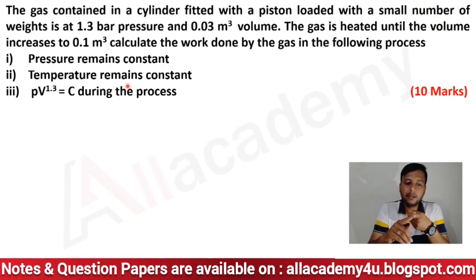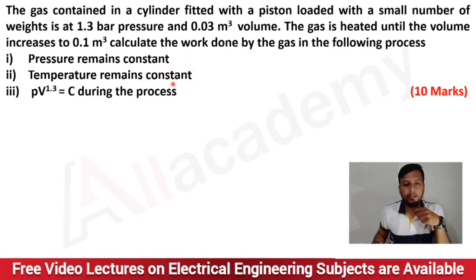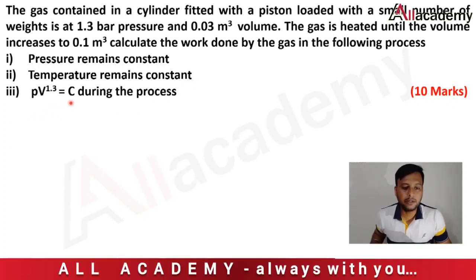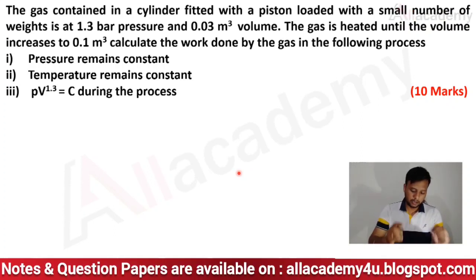One is when pressure remains constant, second is when temperature remains constant, which is a hyperbolic process, and third is PV raised to 1.3 equals C, which is a polytropic process. Now first I need to start with the first one.